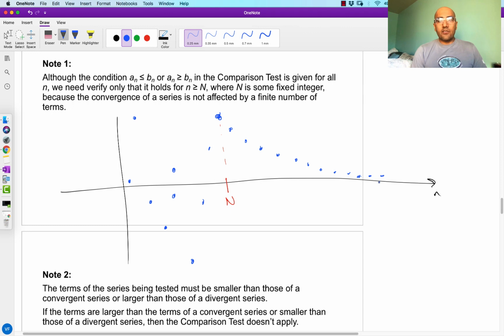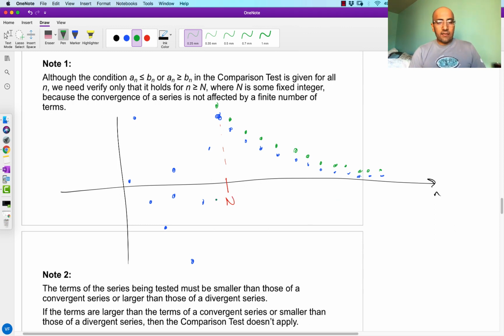Then we can establish that maybe there exists some other sequence such that, on a term-by-term basis, this other sequence is always a little bit bigger than the one we're working with. And if we can establish that the green one converges, then we've established that the blue one converges as well.